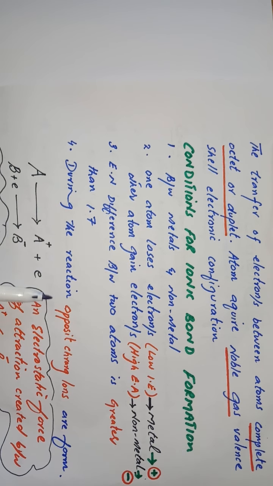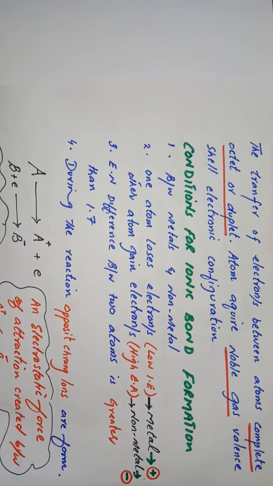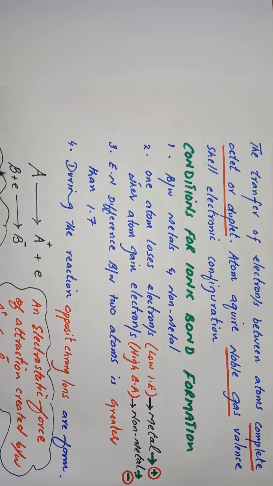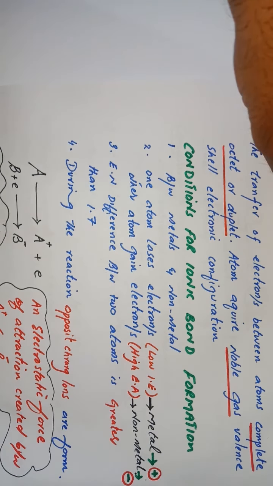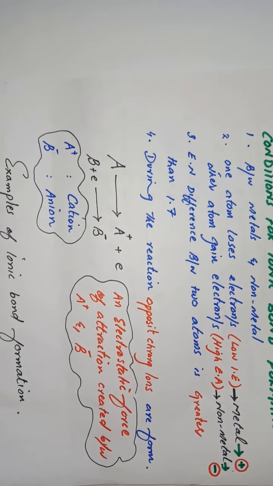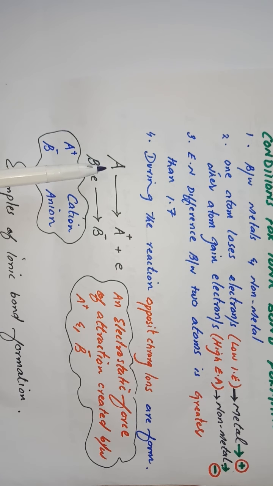During the reaction, opposite charge ions are formed. It means that cation and anion are formed, and the cation and anion will attract one another due to electrostatic force of attraction. For example, let's suppose we have atom A, which is a metal atom, and it has low ionization energy.